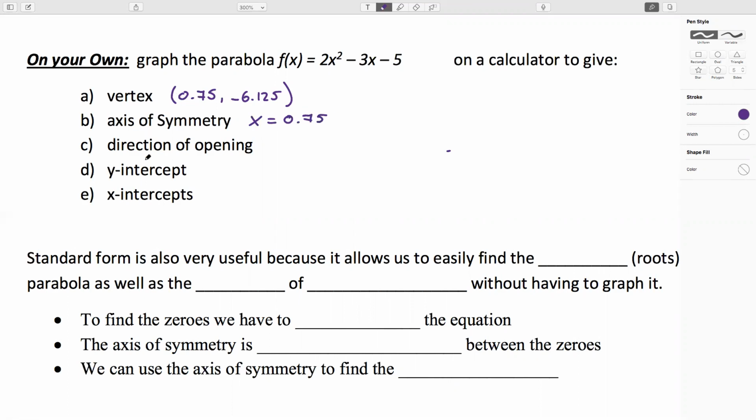The direction of opening opens up. The y-intercept is just minus 5, and the x-intercepts are x equals minus 1 and x equals 2.5. I suppose my y-intercept I should define as y equals minus 5.